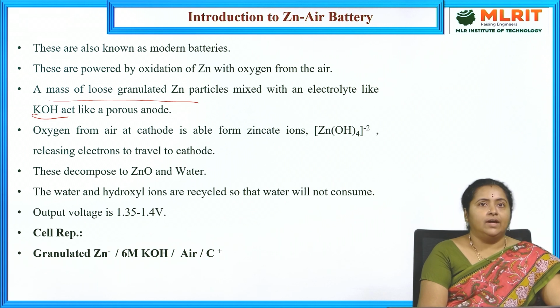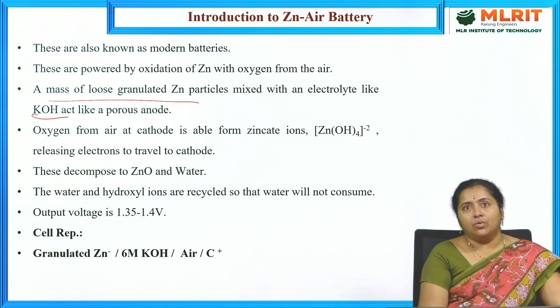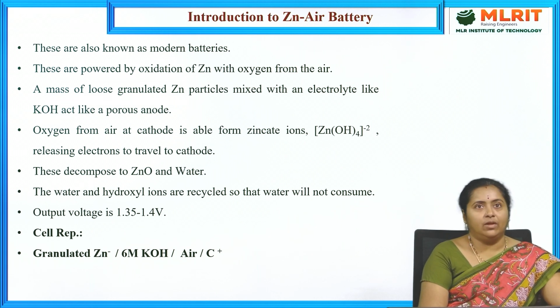In anode and cathode, we are going to consider porous carbon electrodes. In the anode chamber, that porous carbon electrode is coated with zinc particles made into a paste using the electrolyte, that is KOH. So this will play the role of anode, that means the negative electrode. As I told you, porous carbon electrodes are considered in place of anode and cathode.